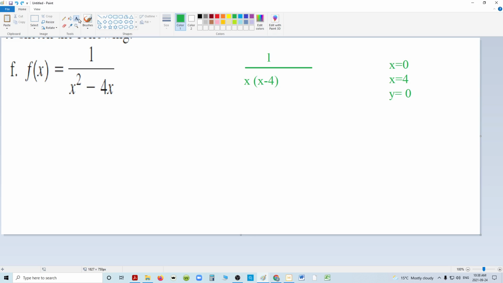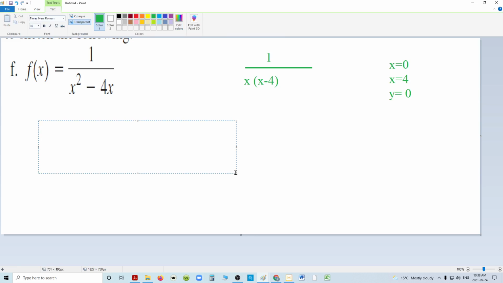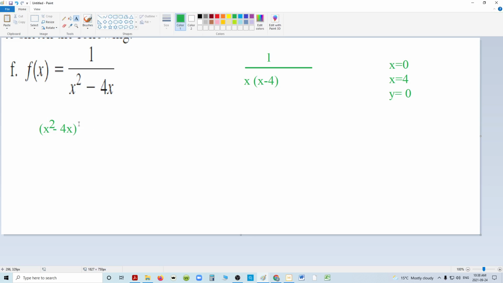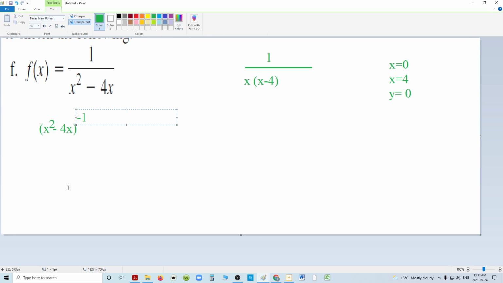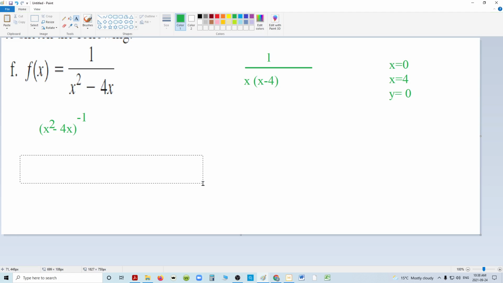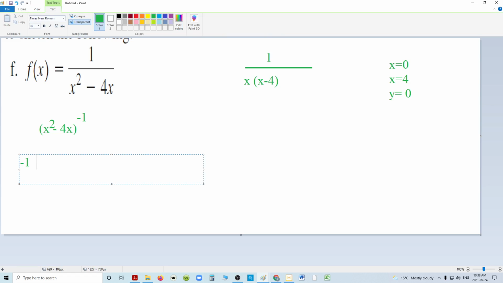So let's get on with taking the first derivative and see what we get. The first derivative: this graph is the same as x squared minus 4x to the power of minus 1. That's all it is. When I take the first derivative, I get minus 1, and the inside of the brackets goes to the negative 2, which means it goes down to the denominator squared.